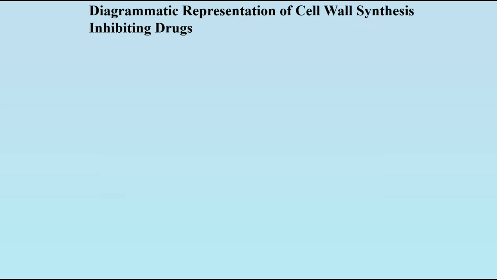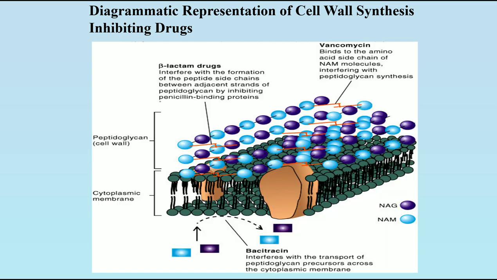Right. So the diagrammatic representation of cell wall synthesis inhibiting drugs. So this diagram shows you the structure of the bacterial cell membrane, which is colored as green and black, and then you have the violet and light blue color units, peptidoglycan units, which are on top of the cell membrane, and they are constituting the cell wall of the bacteria.